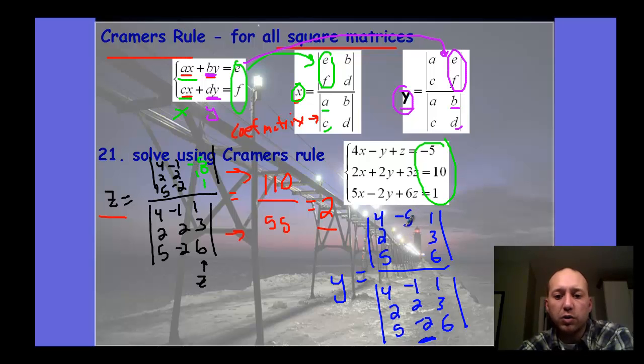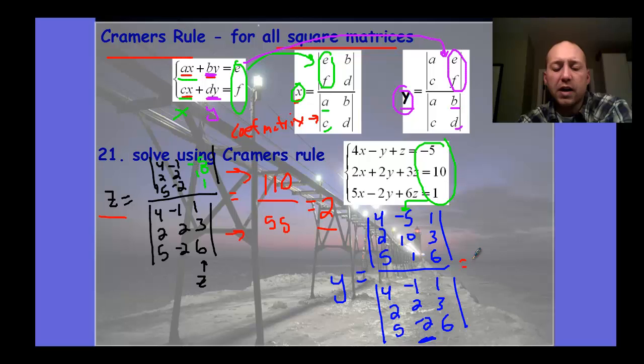And we're going to replace the y column with our solutions, the -5, 10, and 1 that we have right here. And again, we can find them using the calculator. The denominator is not changed. It's still 55. If you find the determinant for the numerator, you get 165.